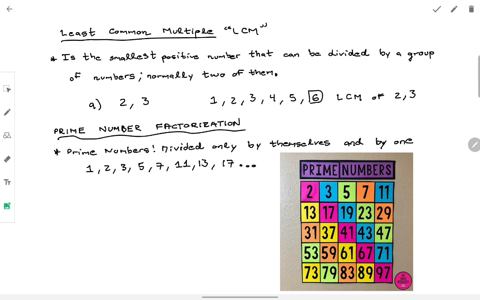We can use these prime numbers to make the divisions for the prime number factorization, so it's important for you to know them. Maybe we will use only 2 until 23, but it's a good idea to know all the prime numbers from 2 until 97.